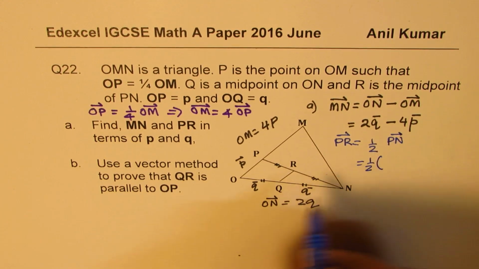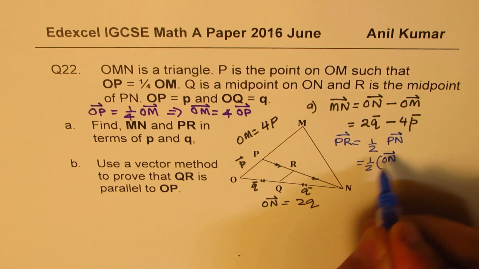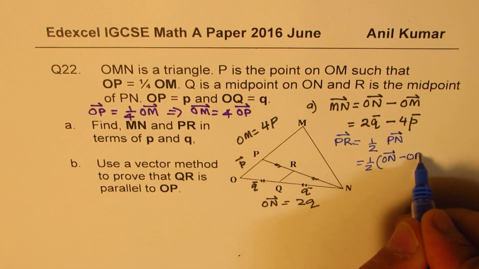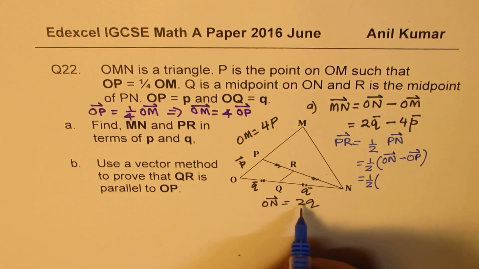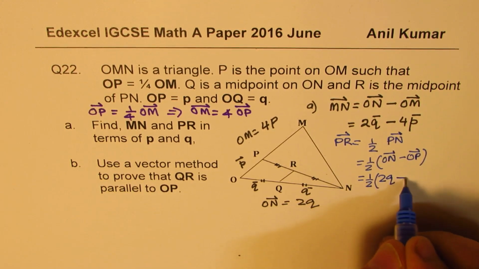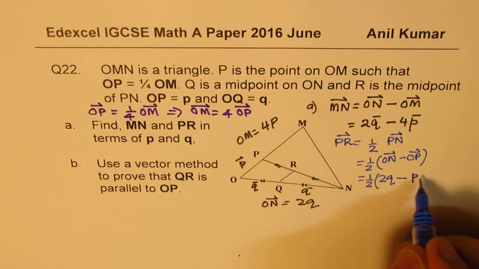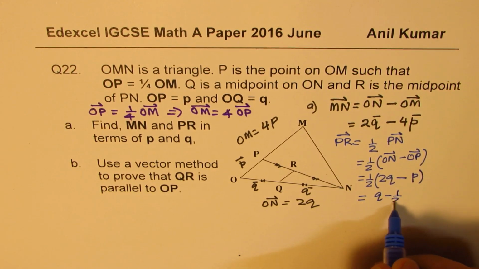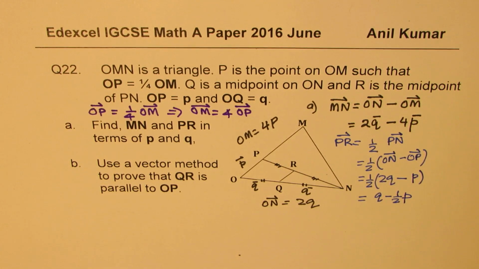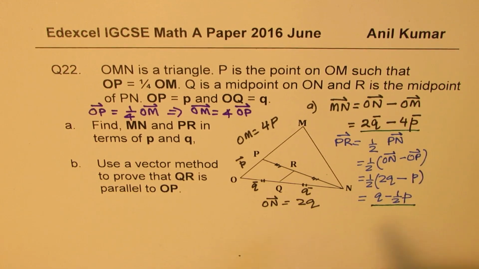P to N will be ON minus OP, so PR is half of, O to N which is 2Q, minus O to P, which is P. So when you open this bracket, you get Q minus half P. So that is PR. Perfect. So we have the solutions for MN and PR.